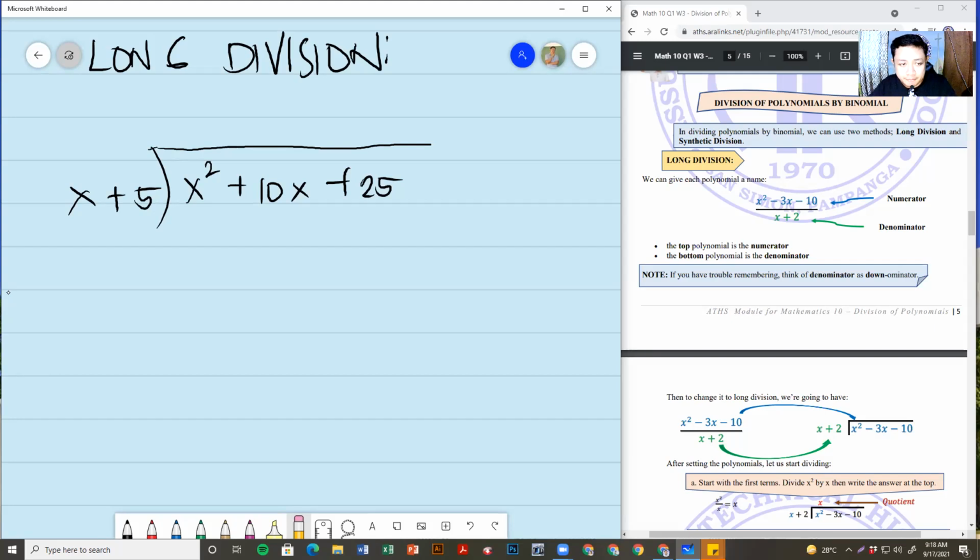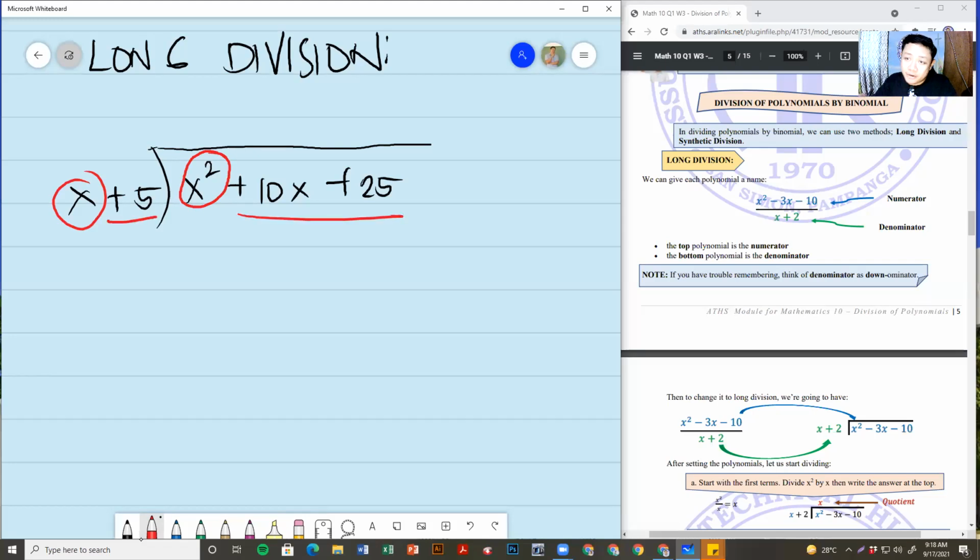Always remember, if we look at the long division, it looks quite complicated, but actually it's not. Why? Because remember what we are dividing here. What we are dividing here are only the first terms. Never mind the remaining terms.